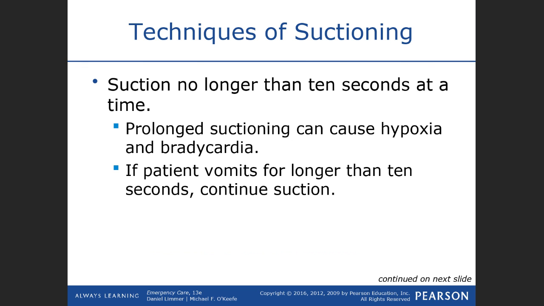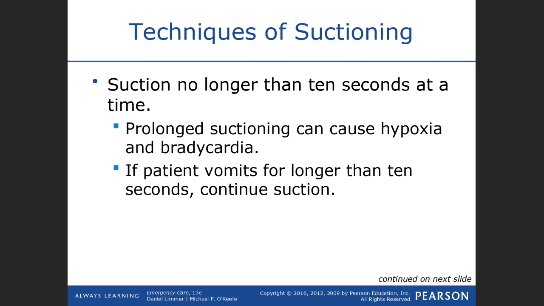Now, suction no longer than 10 seconds at a time. In your Jones and Bartlett textbook, it's 15 seconds for an adult, 10 seconds for a child, 5 seconds for an infant. If it is an advanced airway, you don't exceed 10 seconds.